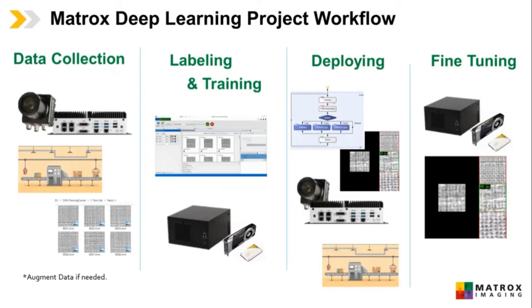Let's say every 6 months, you may want to take the data that's been processed, acquired, and archived, and then retrain your CNN to make it a lot smarter, right? And that's the way that CNNs sort of become more precise, if you will. So that's the whole workflow of a typical machine vision deep learning application.